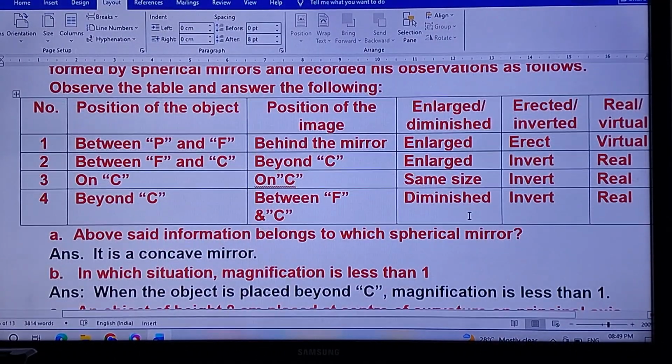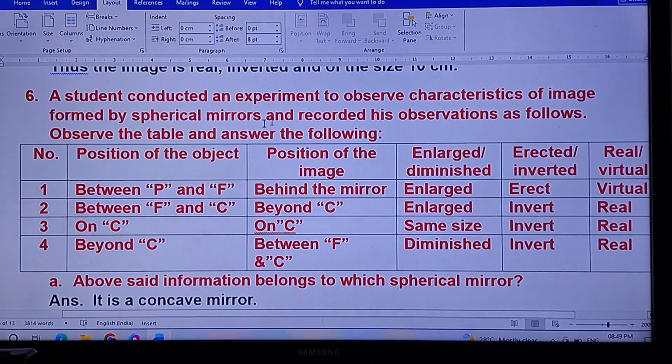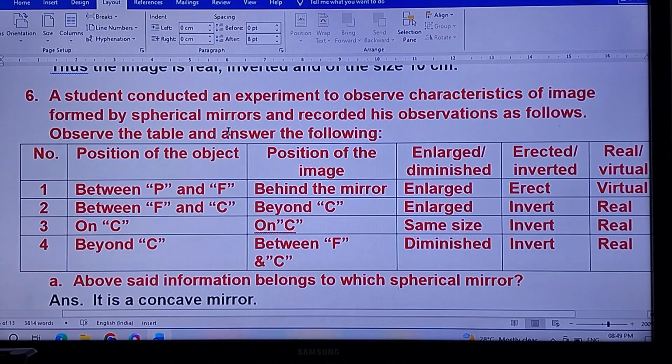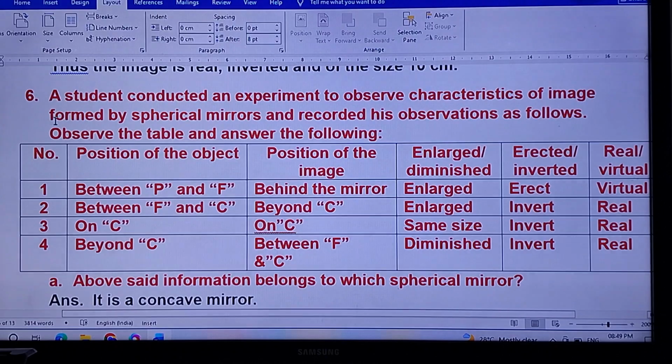This is the fifth one. And the sixth one, you see: a student conducted an experiment to observe the characteristics of images formed by spherical mirrors and recorded his observations as follows. Observe the table and answer the following.